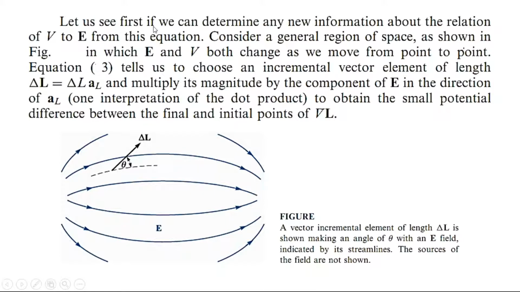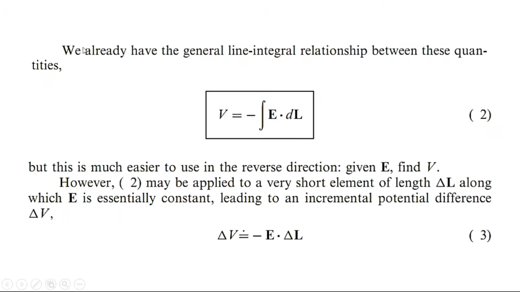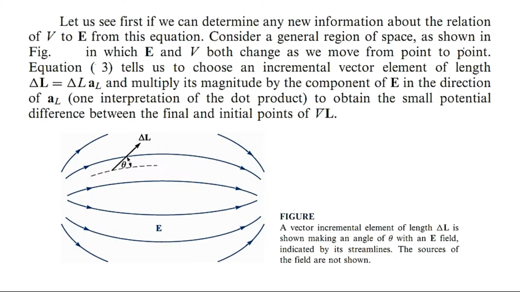Let us see first if we can determine any new information about the relation of V to E from this equation. It means that if V is given and we want to find out the electric field intensity, consider a general region of space as shown in the figure, in which E and V both change as we move from point to point.